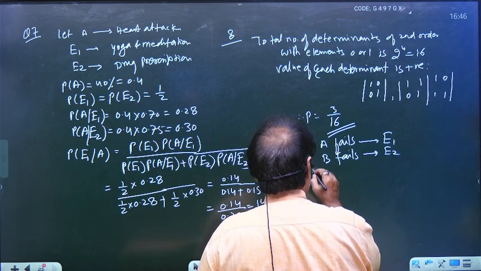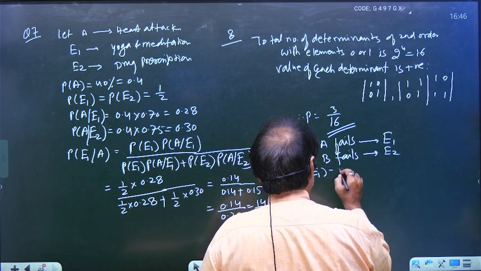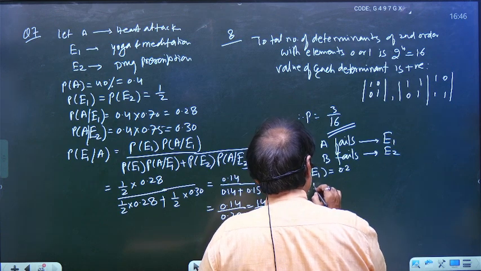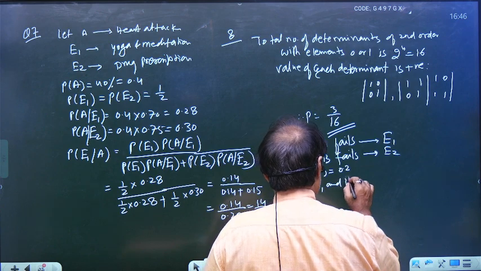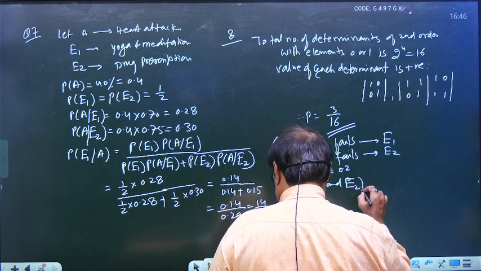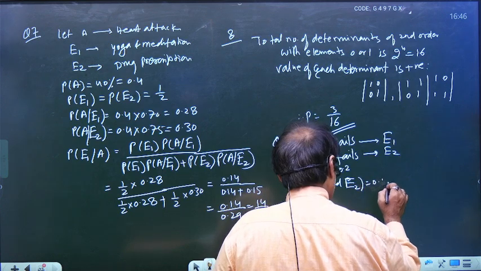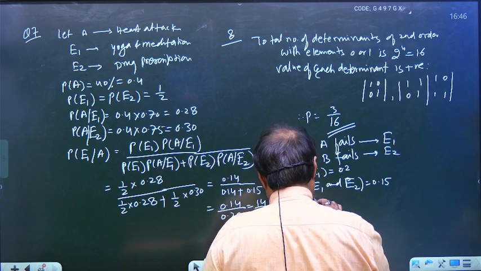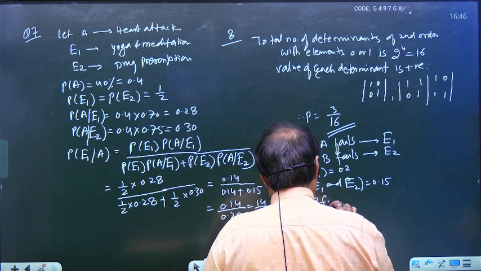So probability of E1 is given 0.2, probability of E1 intersection E2 is given 0.15, and probability of B fails alone.